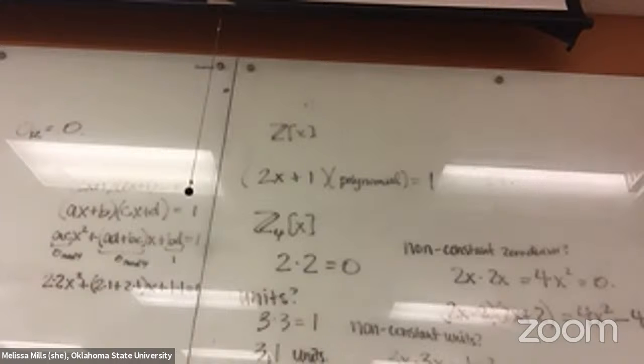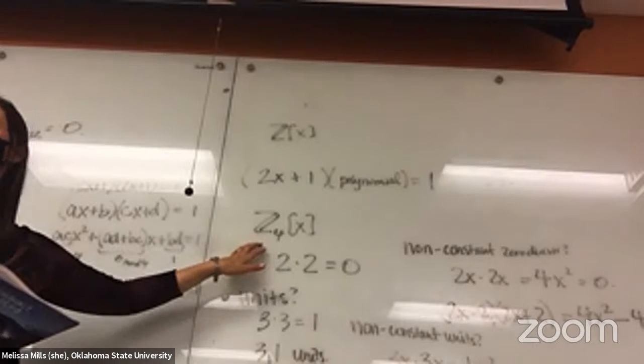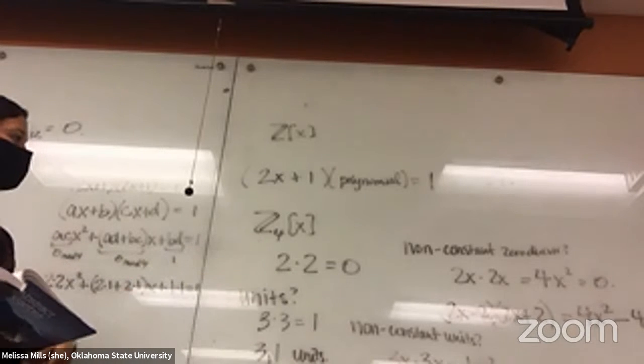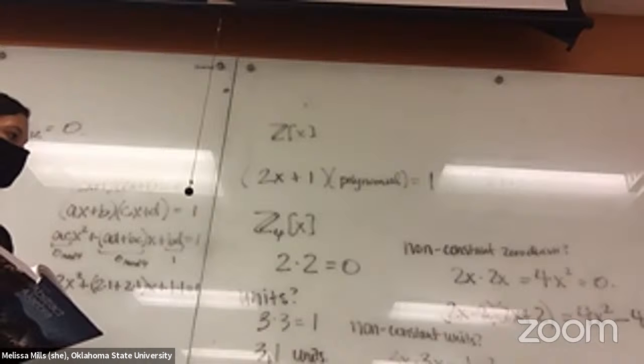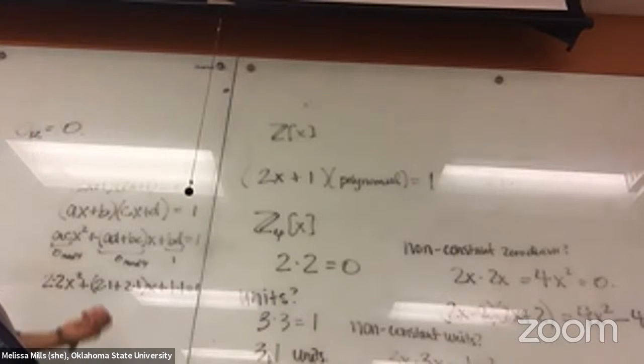So on that note, I'm going to start writing down some theorems and proofs and definitions, okay? I feel like you have your bearings a little bit for what we're talking about with these polynomials. You may have never thought about, and I think this might be the most novel thing, Z mod n adjoin x and what can happen there, because some different things happen there than in Z adjoin x.